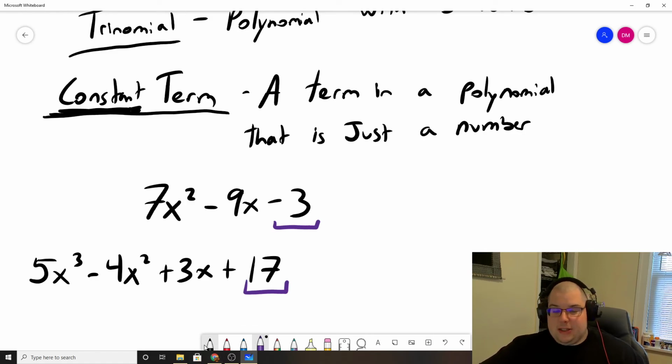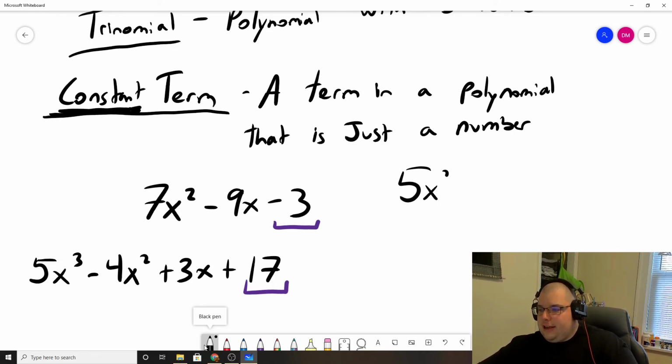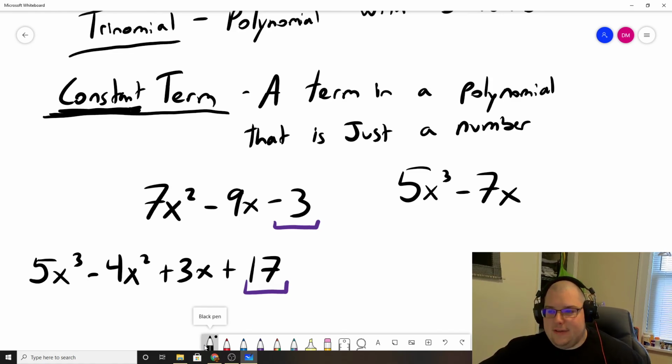Now, it is possible for polynomials not to have a constant term. For instance, 5x cubed minus 7x does not have a constant term, so it's possible for polynomials not to have a constant term. But when they do, we know what it's called.